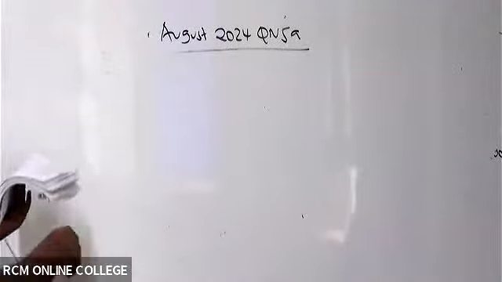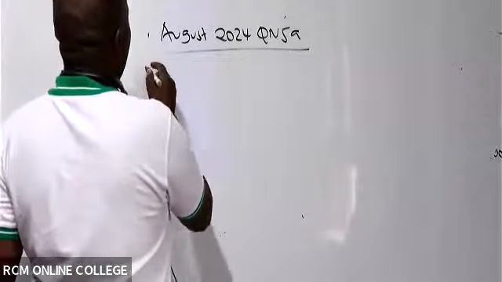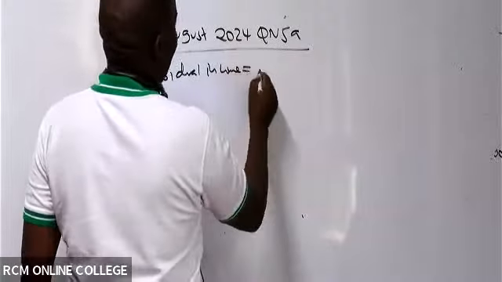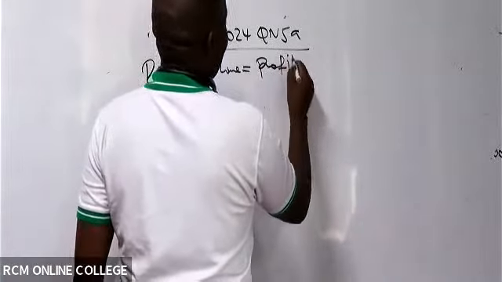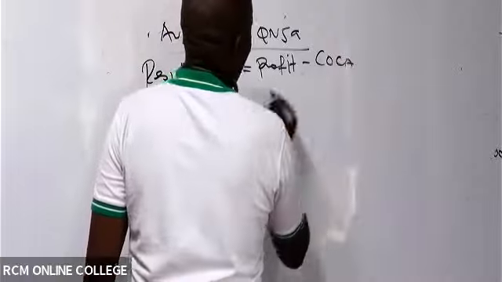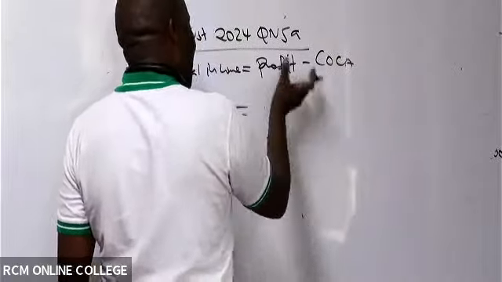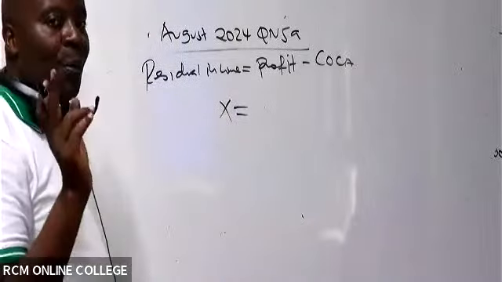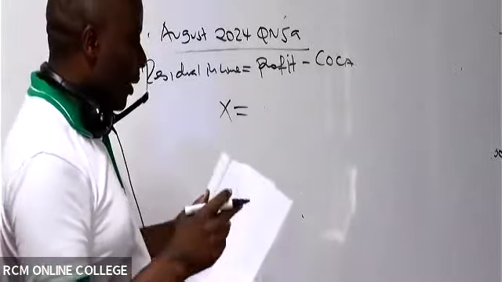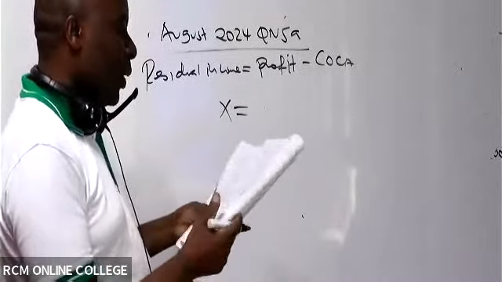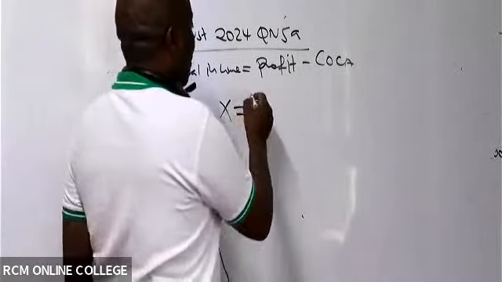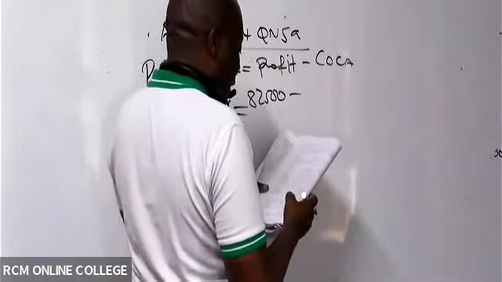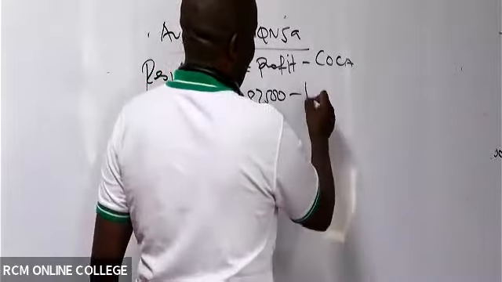All right. So then we have here our residual income, which is profit minus cost of capital employed. For X, remember, in most cases for these performance appraisal models, we prefer operating profit. So the operating profit for X is 82,500 minus cost of capital. They give us a cost of capital of 12%.